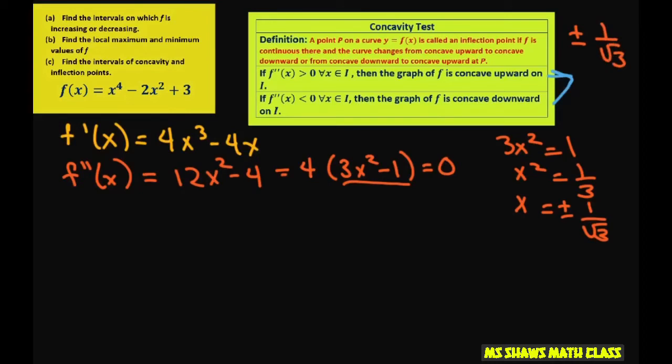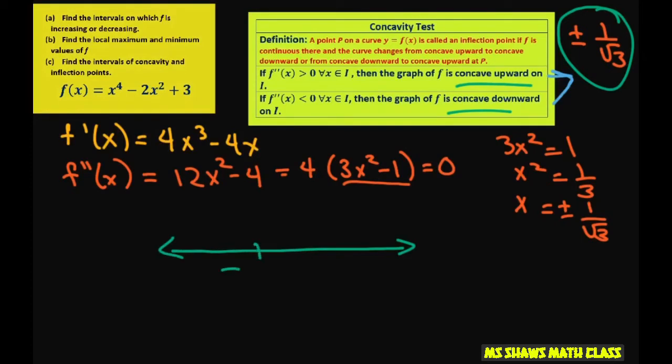Now, what I want to look at is the intervals, if it's concave up or down. Since we have two possibilities, if you're looking at a graph, we're looking from -1 over square root of 3, then 0 is here, and then 1 over square root of 3.